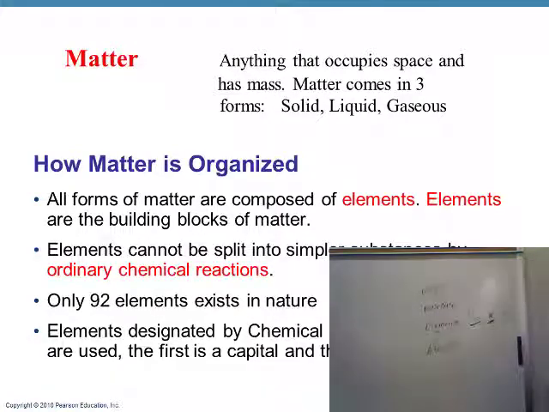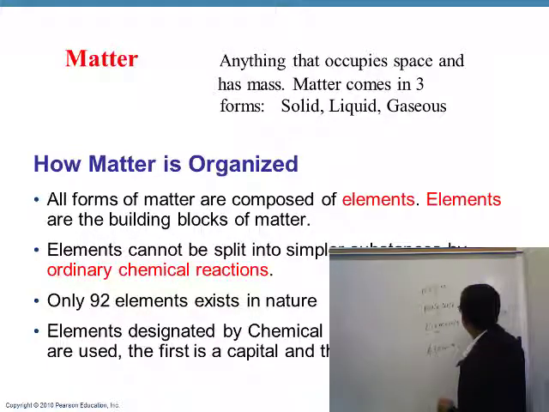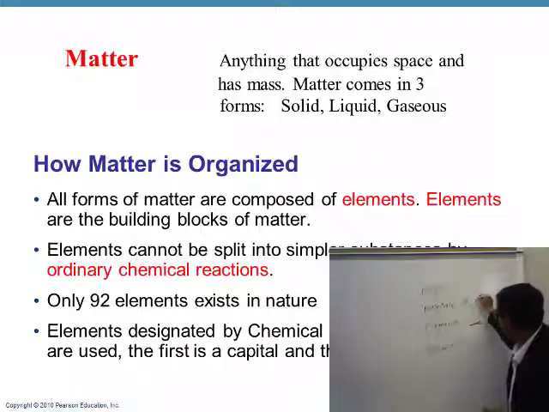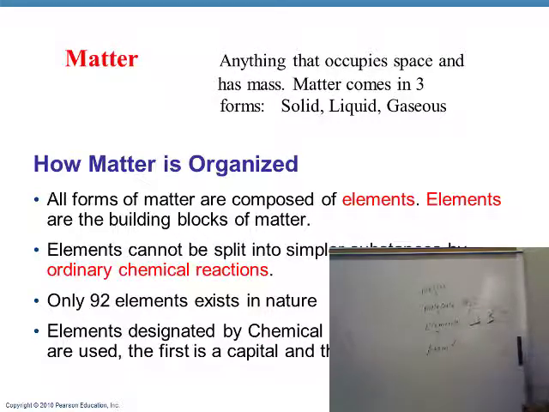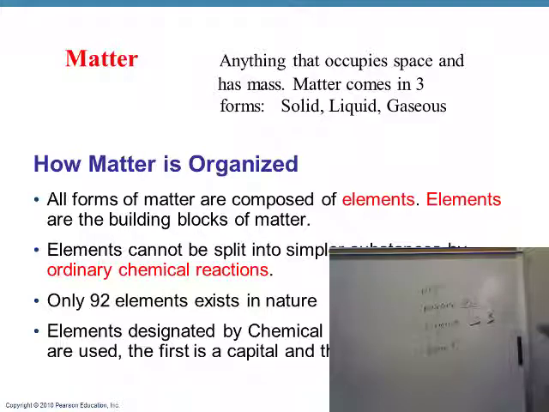Two or more elements join together to form a molecule. Two hydrogen and one oxygen join together, that forms the water molecule. And two nitrogen join together to form a molecule of nitrogen.